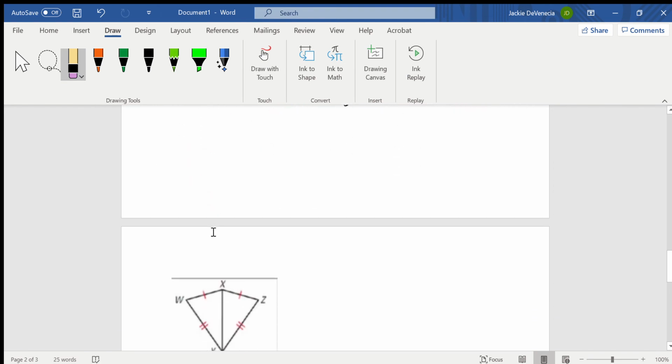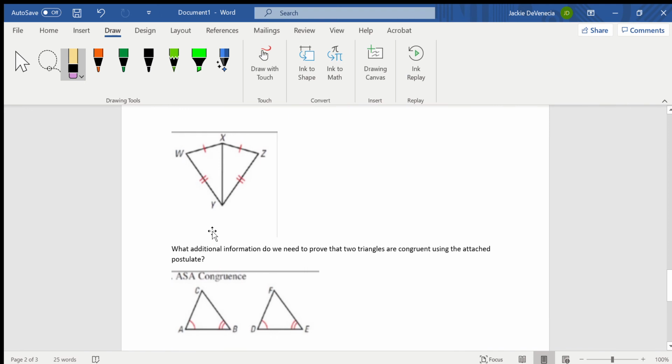All right, so let's move down. Okay, so now we have something like this. We still have two triangles that are stuck to each other. So again, we're going to go ahead, get our highlighters out. WX matches with XZ. WX is congruent with XZ.